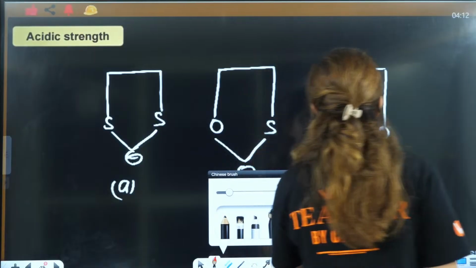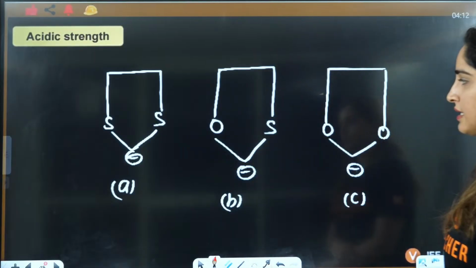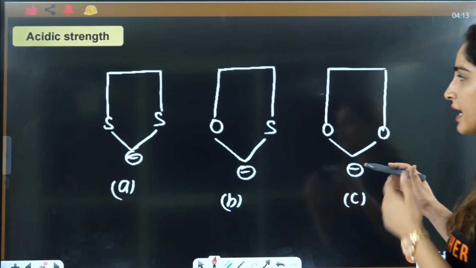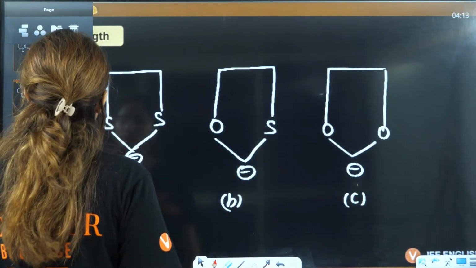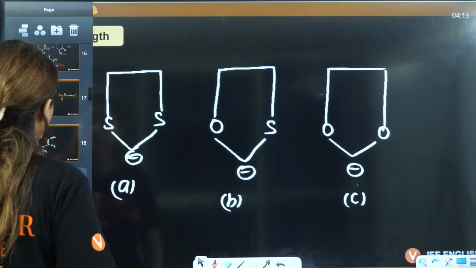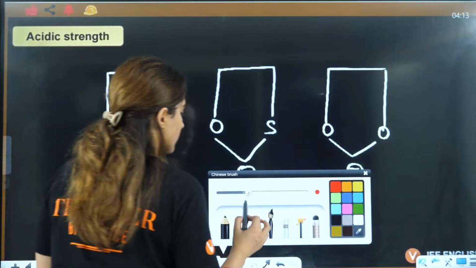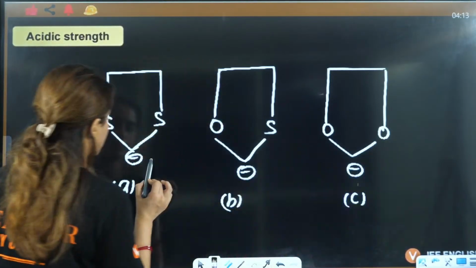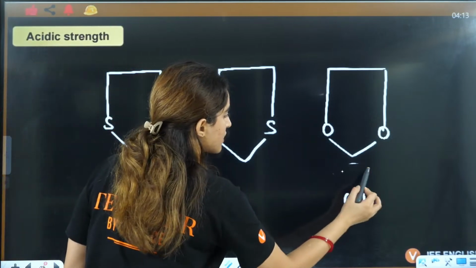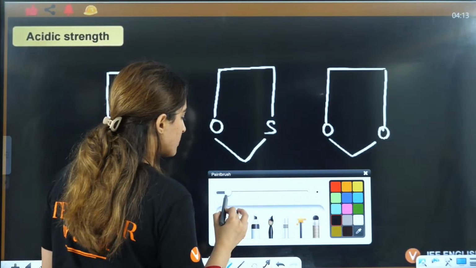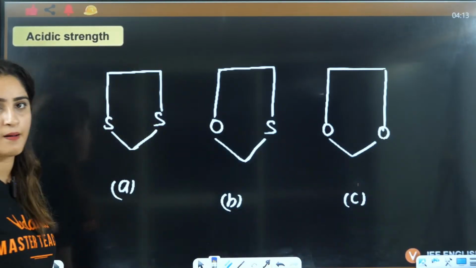Now, see this here. In these kinds of questions, usually they don't give it to you like this. Rather, they will give you the question like this, and they will ask which will be most acidic.